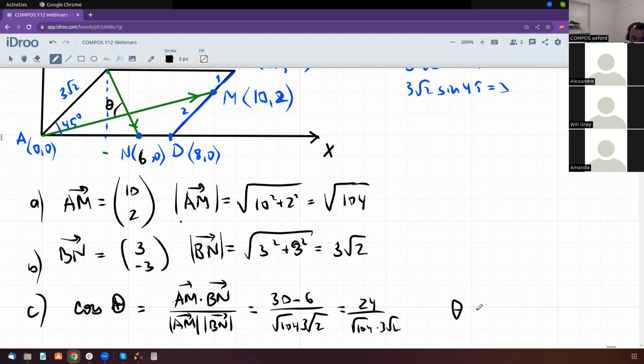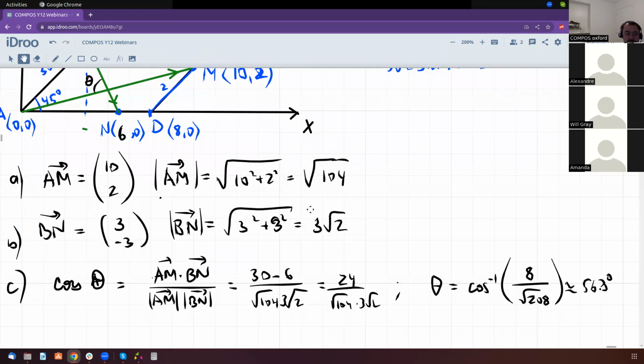And theta is cos minus 1 of that. So it's 8 over square root of 208. So that should be 56.3 degrees.